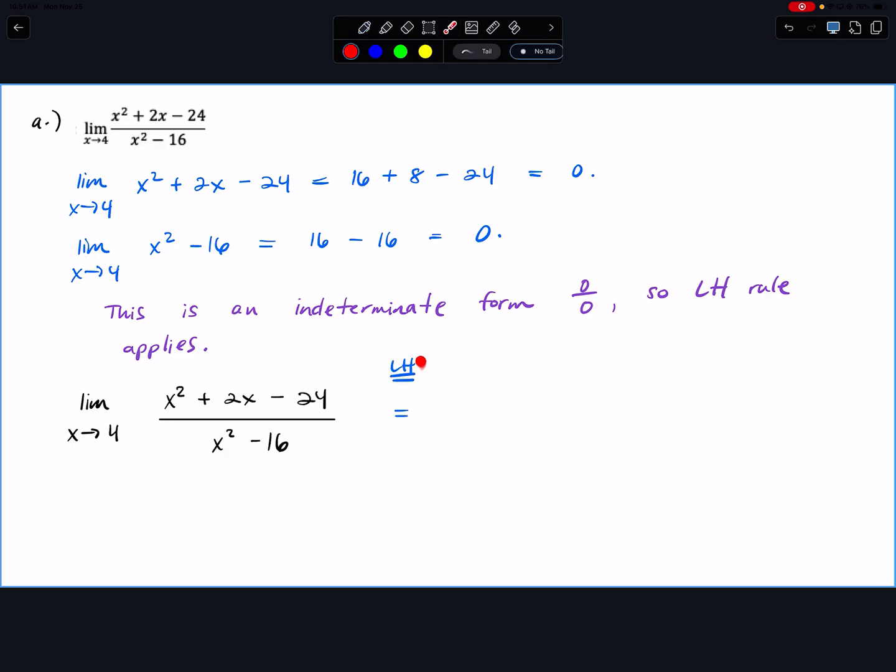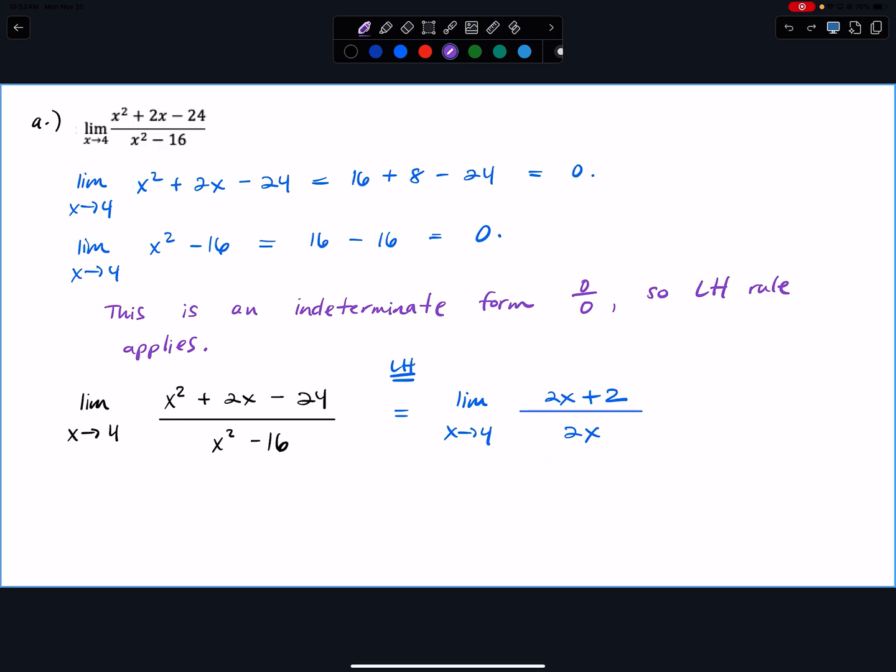This tells the reader that you're applying L'Hopital's rule. So what did L'Hopital's rule say to do to the top and do to the bottom? Take the derivative. So this is equal to the limit as x approaches 4. What's the derivative of the top? 2x plus 2. What's the derivative of the bottom? 2x. Don't do this. Don't do that.